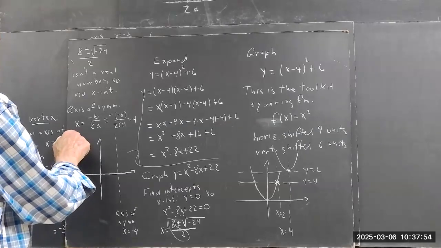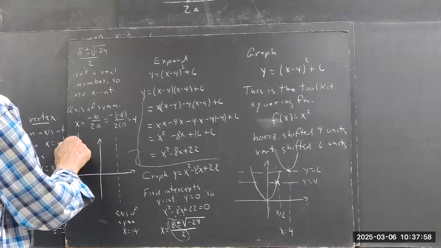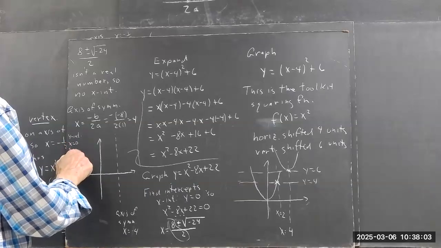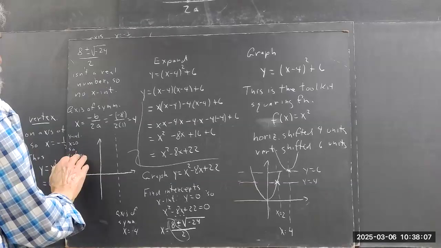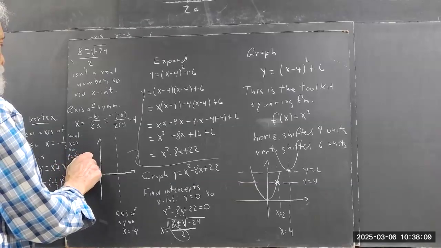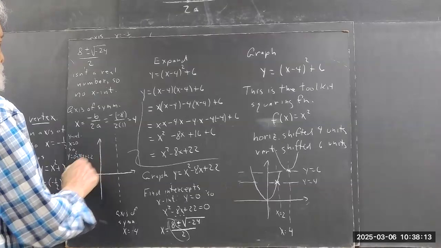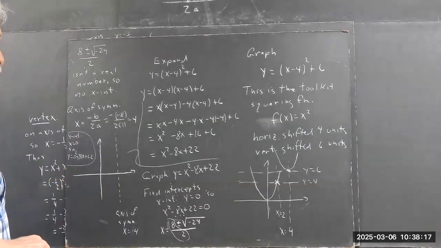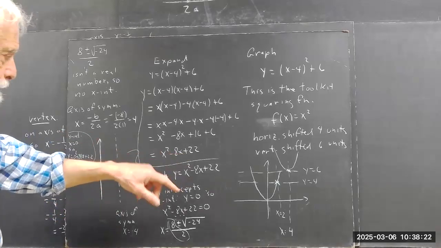Y-intercept. I wrote that real small because it's really easy to do. We put in x equals 0, that's where the y-intercept occurs.